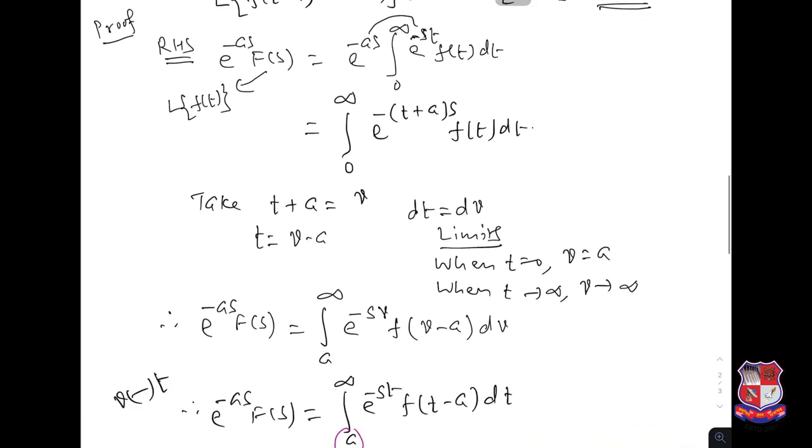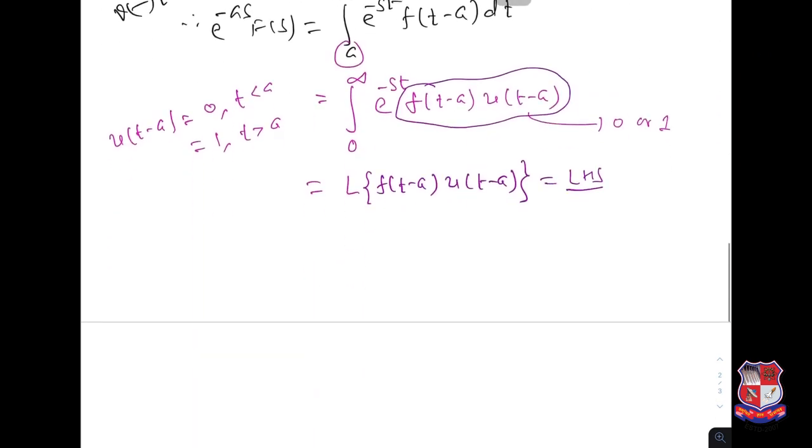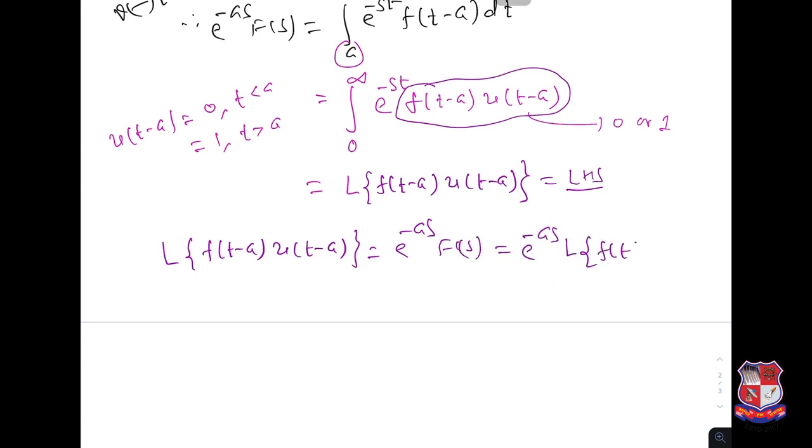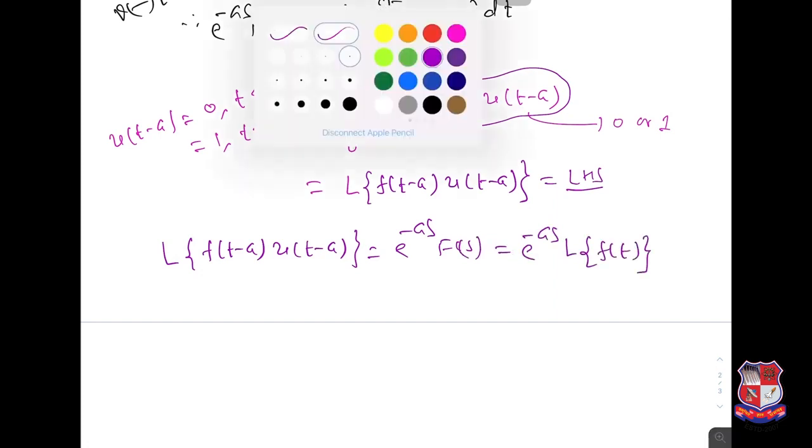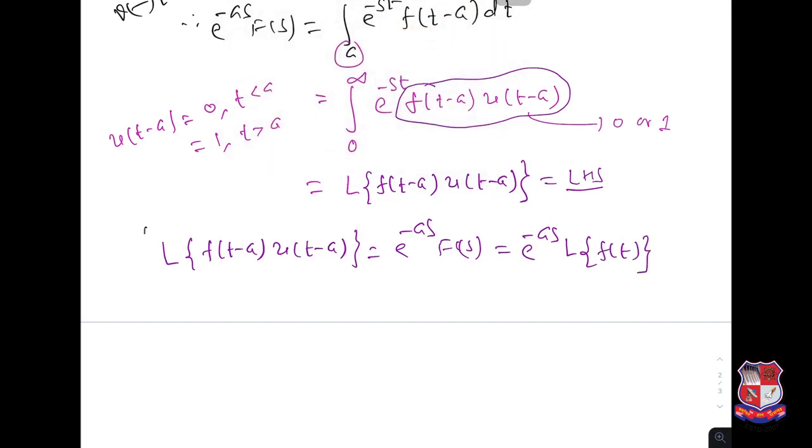The Laplace transformation of f of t minus a u of t minus a is equal to e to the power minus as F(s), or you can say e to the power minus as times the Laplace transformation of f of t. So this result we need to remember. This is the second shifting theorem.